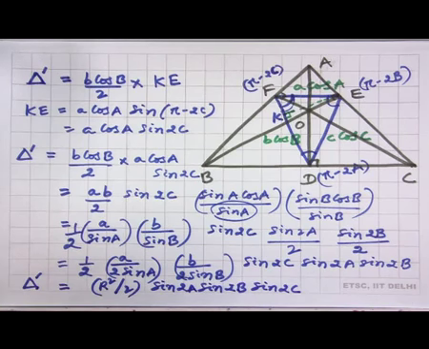So, the area of the petal triangle is given by R square over 2 times the product of the sines of double the angles of the triangle ABC.